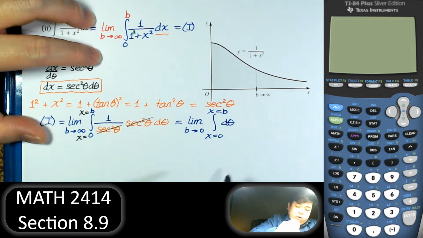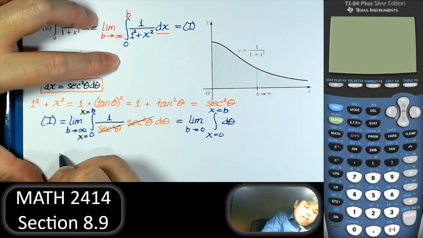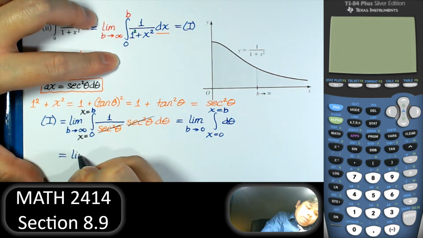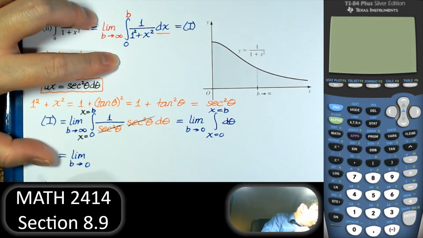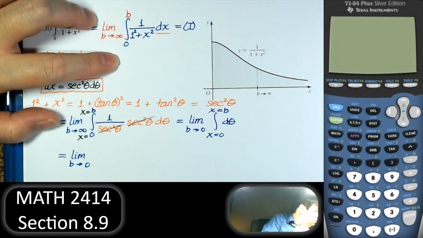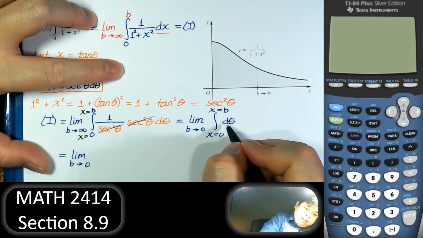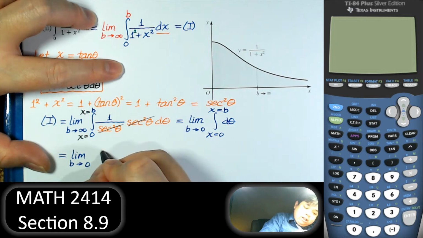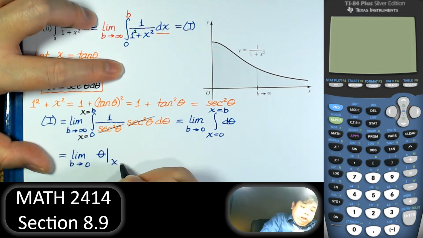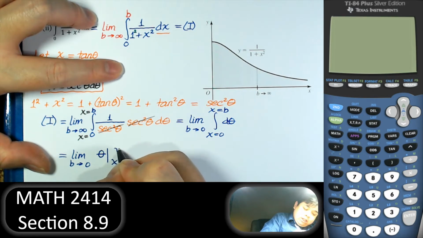Now, integral of d theta is just theta. Very careful, we have x equal to 0 and x equal to b.